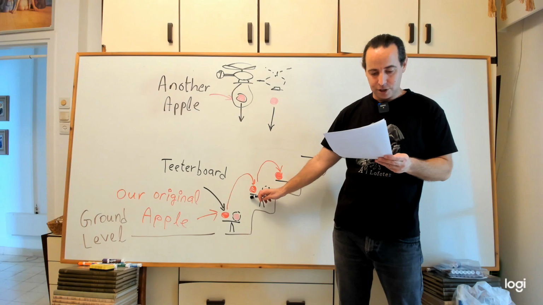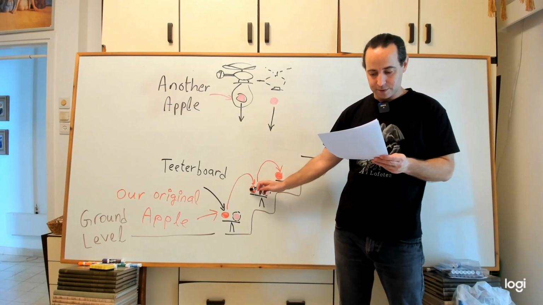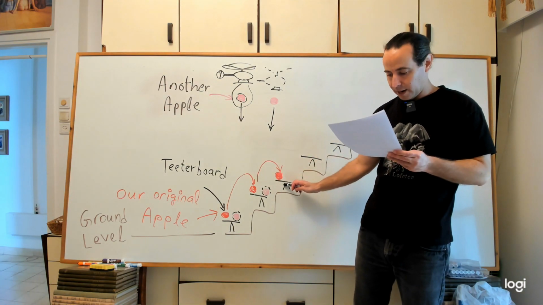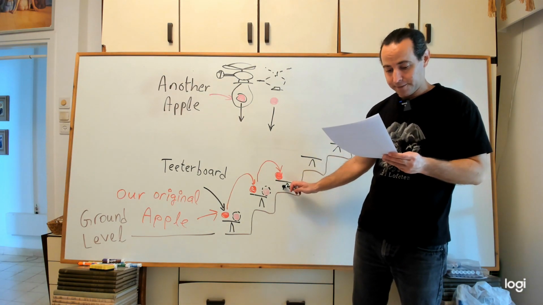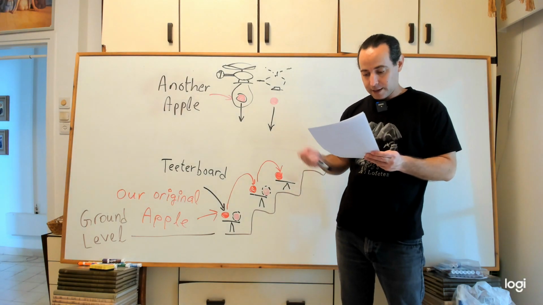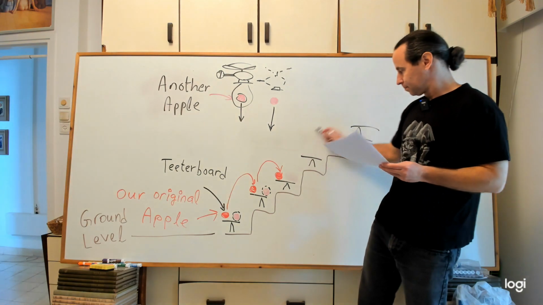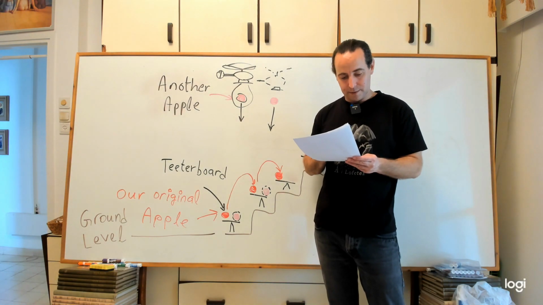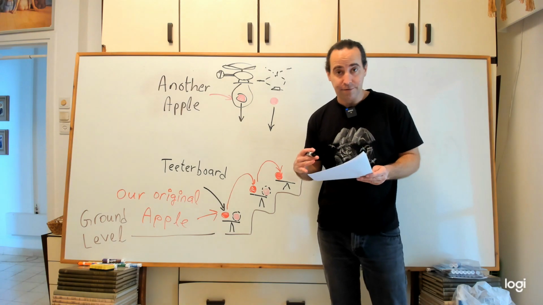And then in exchange for another apple that falls from above, the original apple rises up another 1 meter, and now the original apple is waiting inside the third teeterboard, and so on and so on. Okay, that was the metaphor.